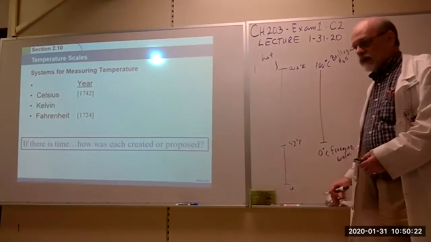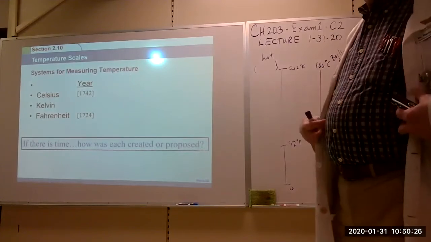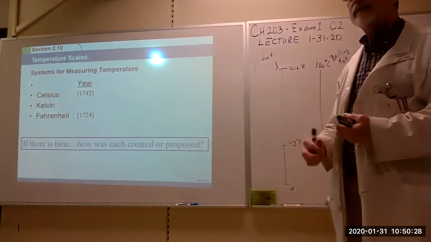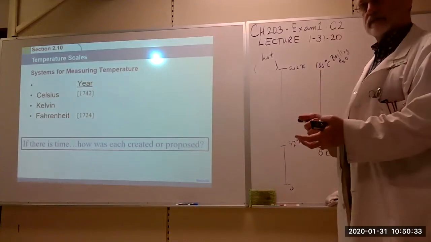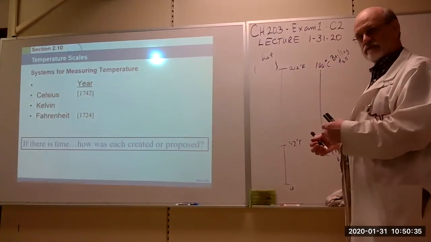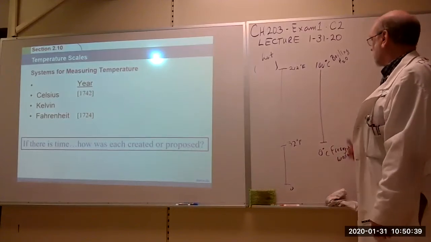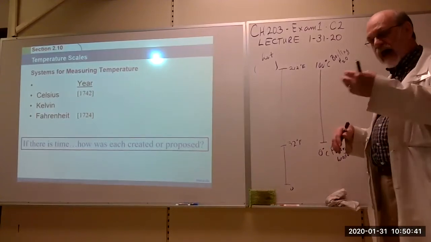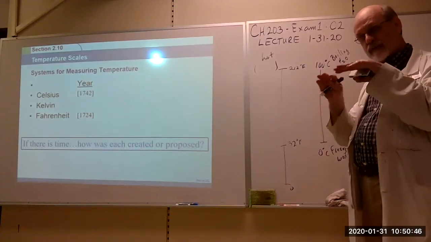But Celsius wanted something that could be reproduced anywhere. So most competent scientists of the day could obtain pure water. They knew how to distill it. That was the most common way to acquire pure water. And then you just measure the freezing point, where you get ice and liquid water together at the same time, stabilized.